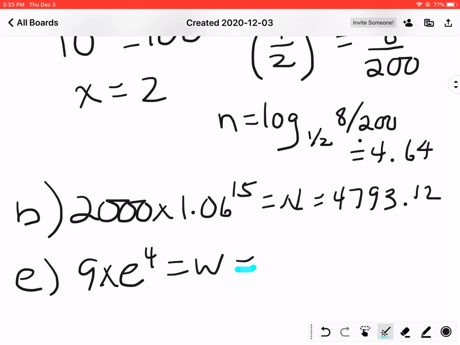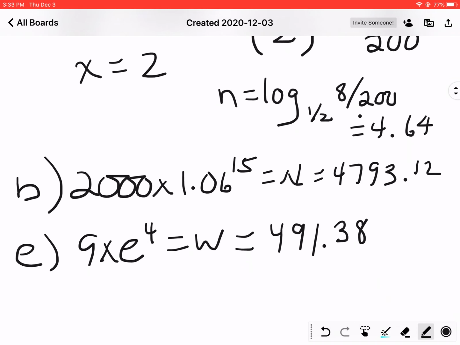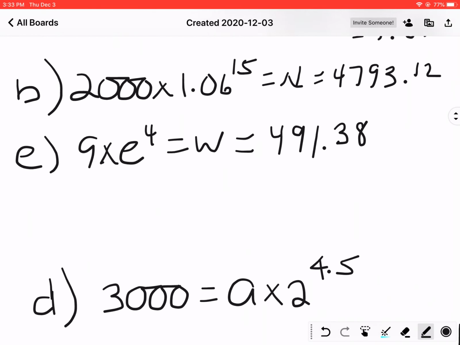And for this one, remember to find the e above the log natural button and then type it in just like you see it, and you should be able to get that this is 491.38. So B and E are the easiest kind. No rearranging, not much of anything, just punch it in your calculator.